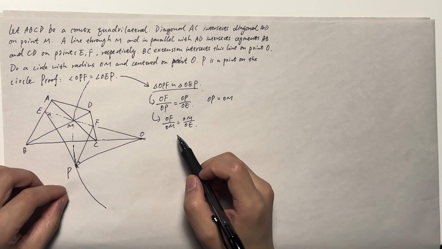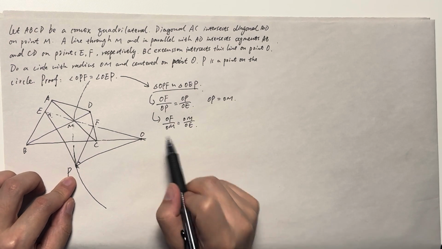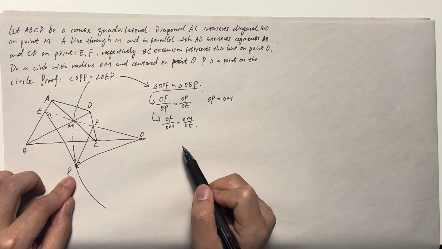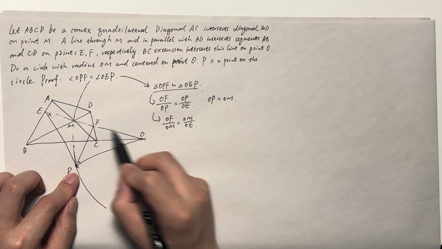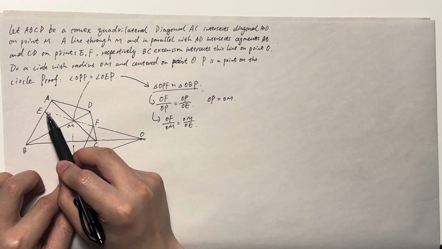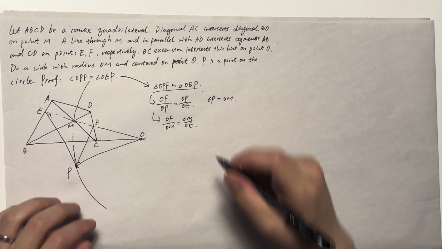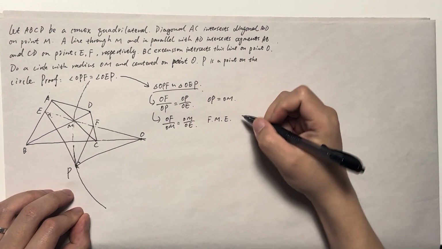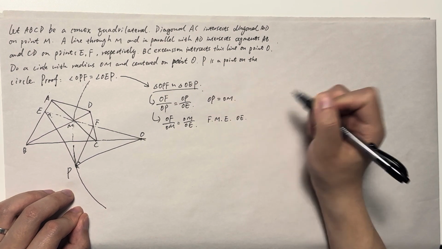Now we need to take a look at the ratio of OF to OM. OF to OM needs to equal OM to OE. We notice that F, M, E are all on the line OE.